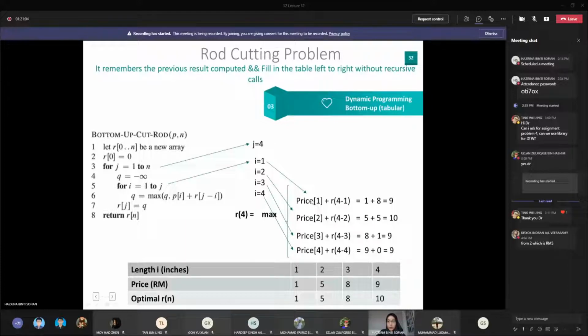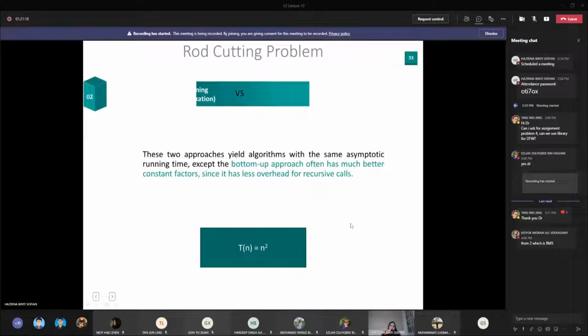Again price of 1 inch, 2 inches, 3 inches, 4 inches, and then r will be j minus 1, j minus 2, j minus 3, and j minus 4.